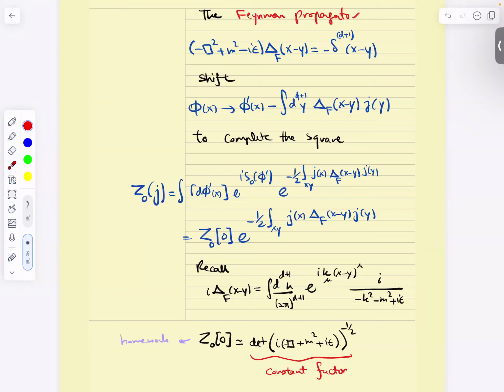And what came out is e to the minus half of a double integral of j(x) Feynman propagator j(y). That's non-local, right?